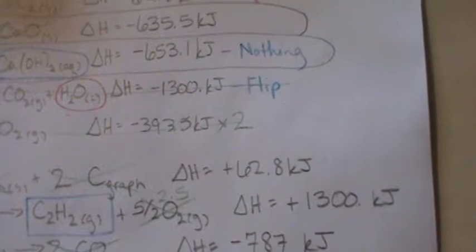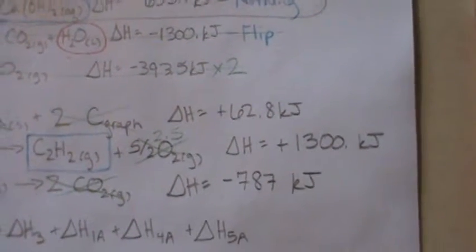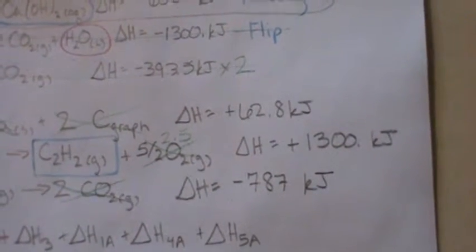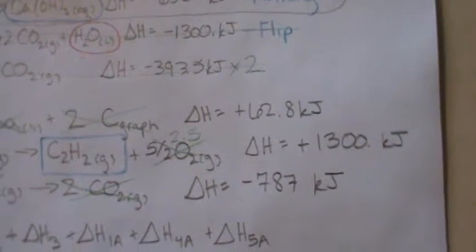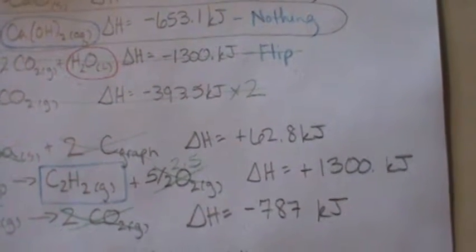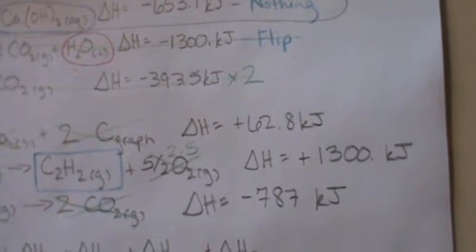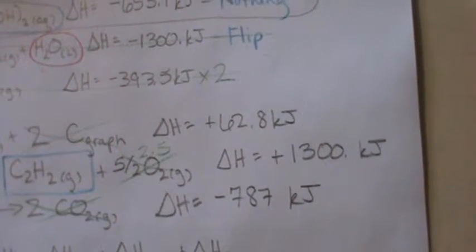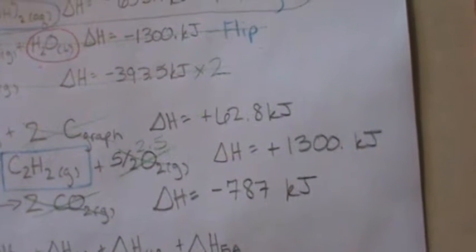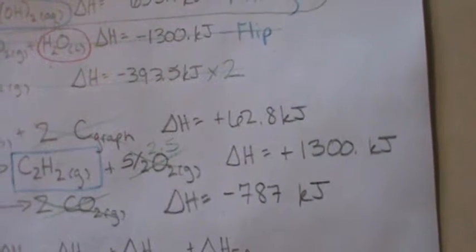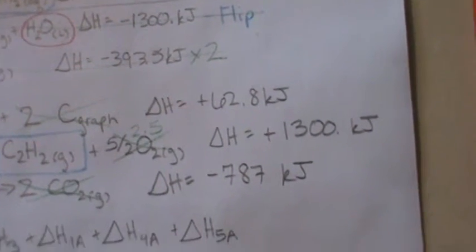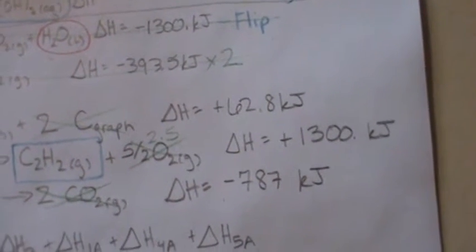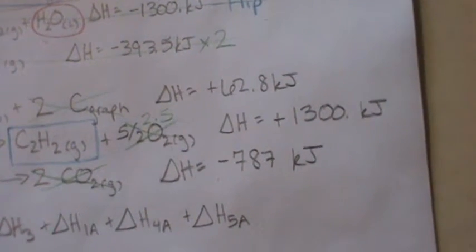I think I added those wrong. Give me a second to do this without talking. Negative 635.5 minus 653.1, plus 62.8 plus 1,300, and then minus 787.